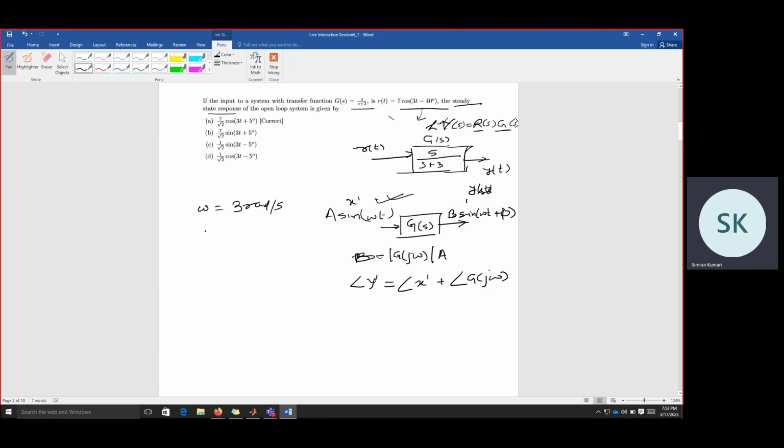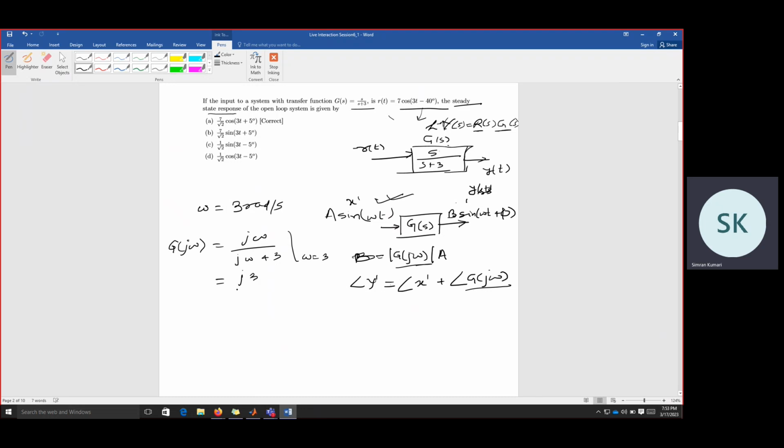Okay, so we have to find y(t). We have been given the input and we'll try to find the magnitude and angle of G(j omega). So we'll just write G(j omega). We have G(s), so we can replace this complex frequency with this imaginary frequency. So we'll have j omega over j omega plus 3, and omega is 3.